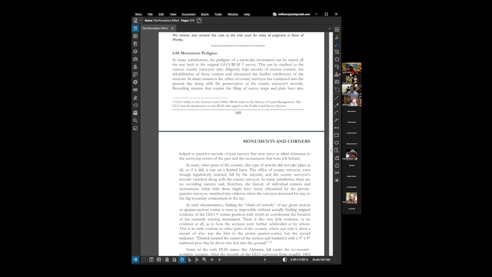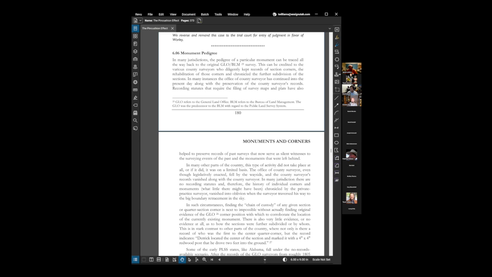Now, the county surveyor is sometimes tasked with relocating those corners, but in that case, he has no authority to command that the monument he set is the monument that controls everybody.